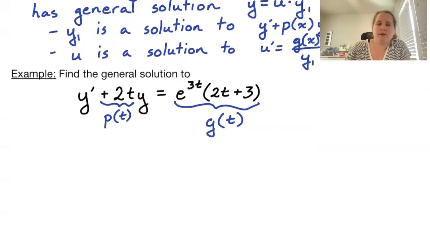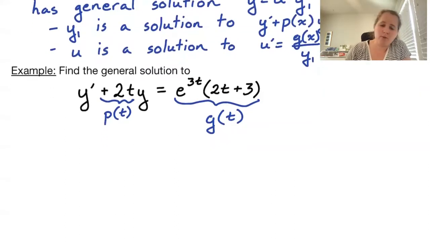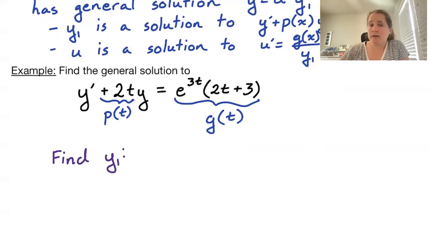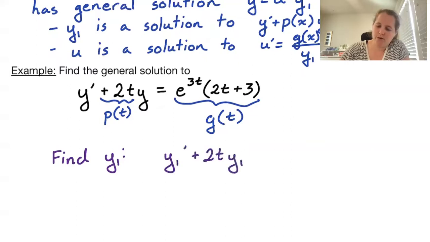So the first thing we need to do is find y1. So we are solving the equation essentially y1 prime plus 2t y1 is equal to 0.